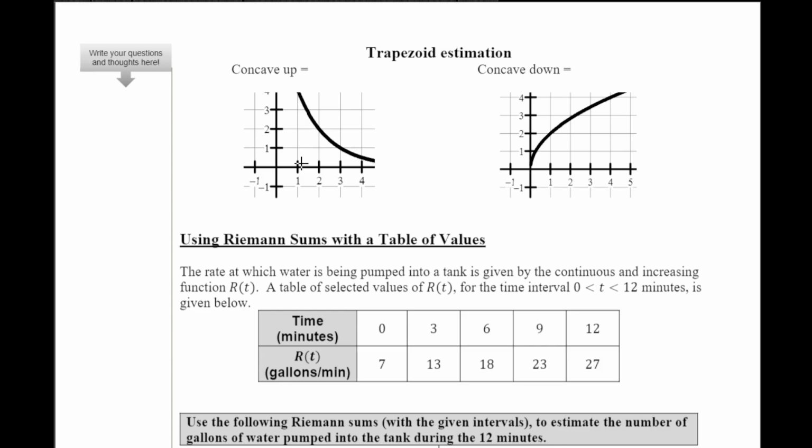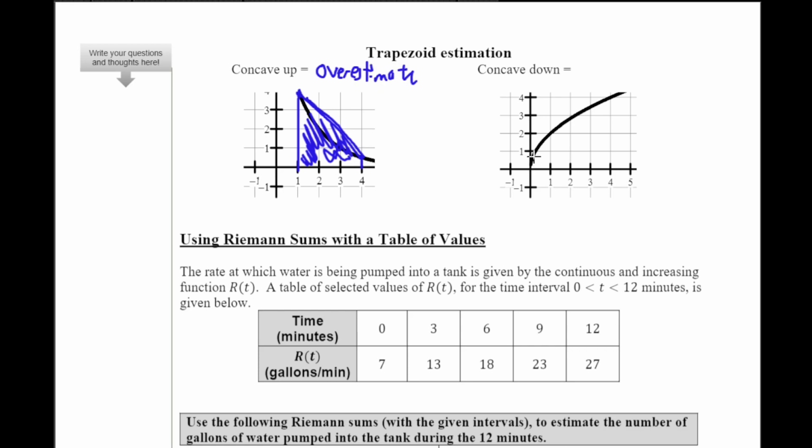So the last one, trapezoidal approximation. This one may be a little hard to see, but if I just drew one big trapezoid here, you see if the function's concave up, like a U-shaped curve, the trapezoid is going to be partially above the curve, so it's an overestimate.